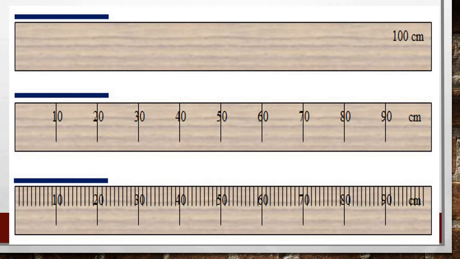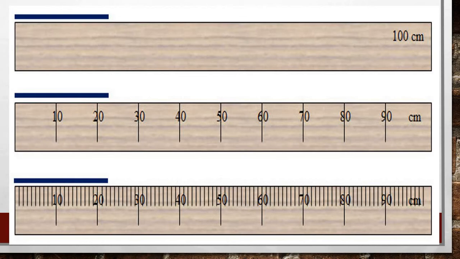So as you look at this, it does depend on what kind of instrument you're looking at. If you just have a 100 centimeter stick and you're trying to guess how much this is, the best I can do is maybe 0.2 because I don't have any idea. Or 20 centimeters, because I really don't have any idea.